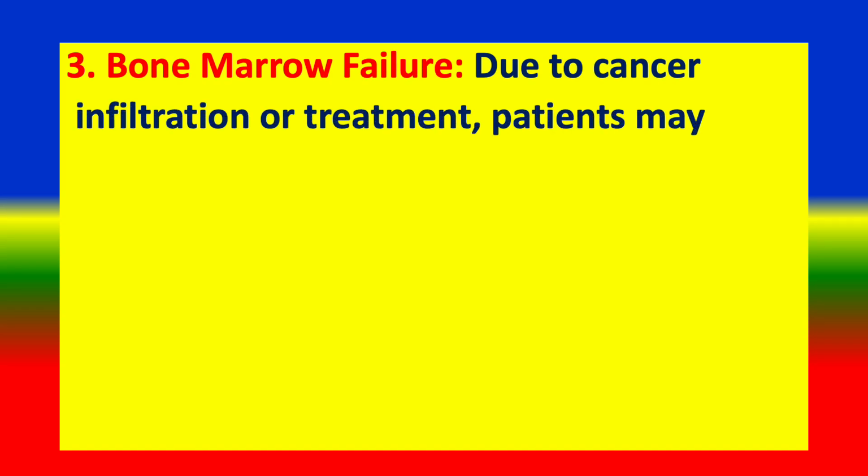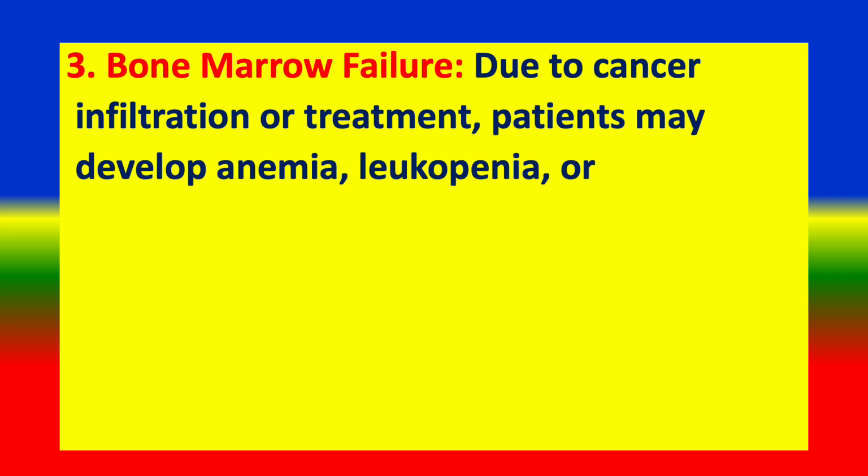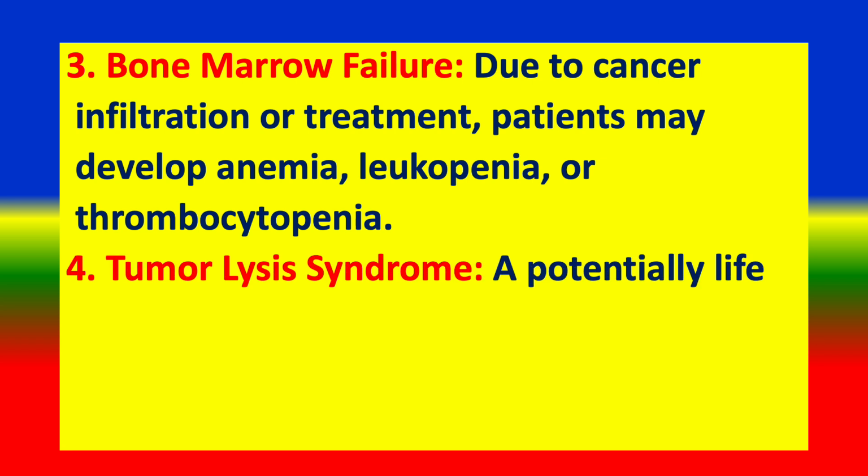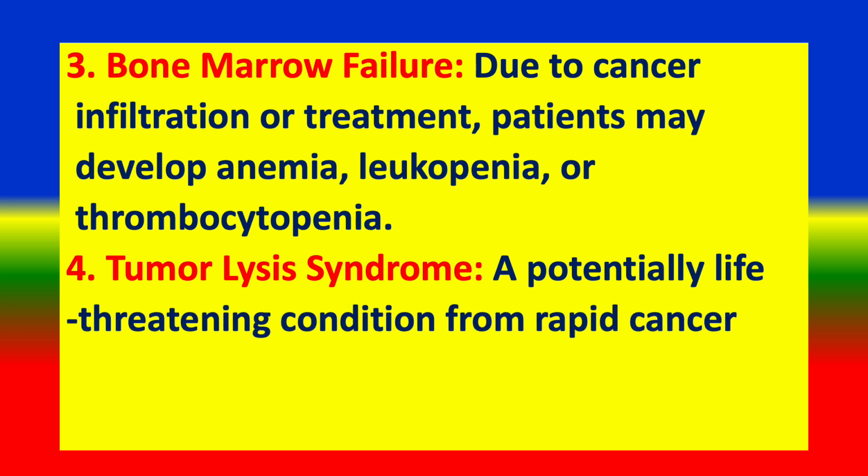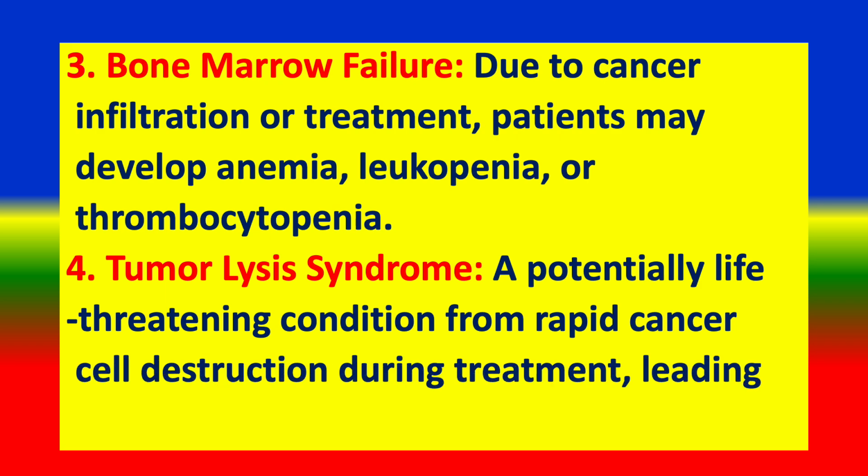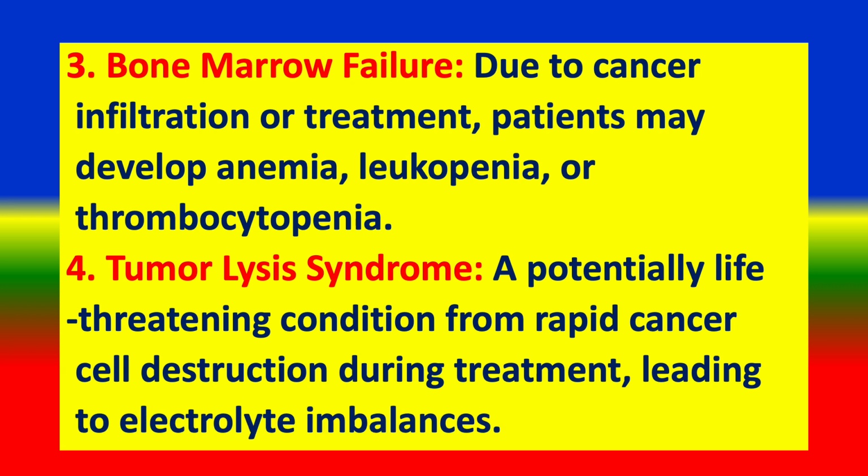Due to cancer infiltration or treatment, a patient may develop anemia, leukopenia, or thrombocytopenia. 4. Tumor lysis syndrome. A potentially life-threatening condition from rapid cancer cell destruction due to treatment, leading to electrolyte imbalances.